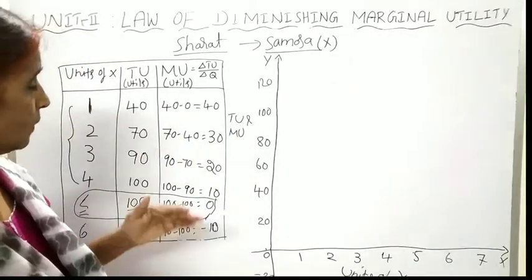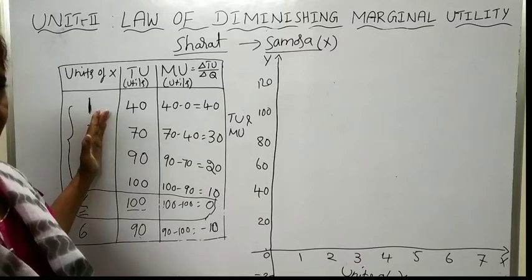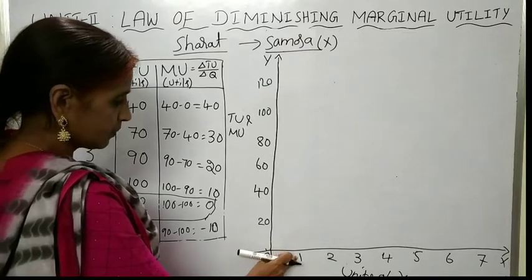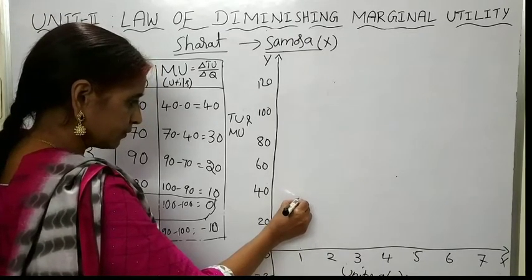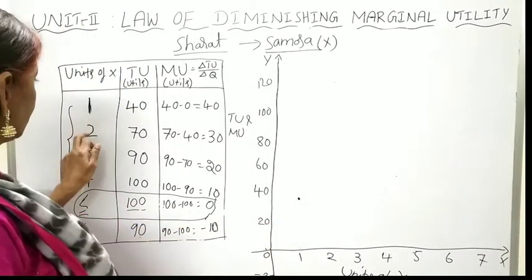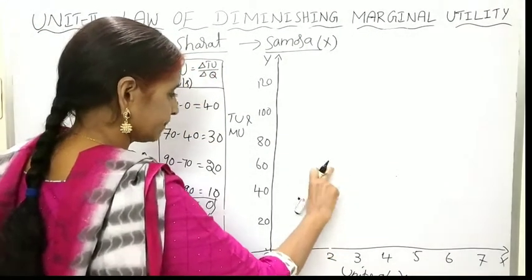Okay guys, now with the help of the schedule we are able to derive the total utility and the marginal utility curves. By consuming the first unit of samosa, the total utility derived is 40 utils. Okay, you have to put a point. From 2 units the total utility will be 70 utils.